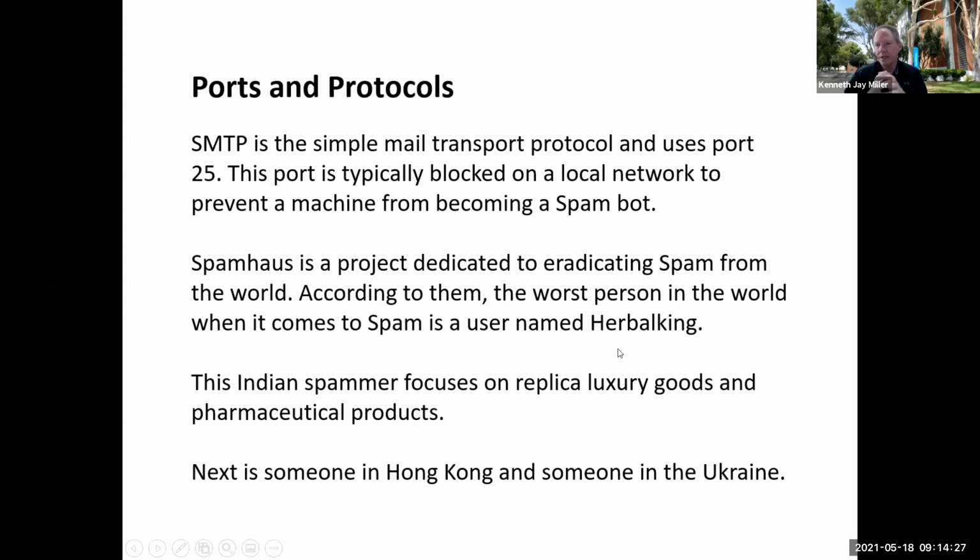Now, right away, you probably remember what we said last week about jurisdiction and how do you enforce the laws of one country in another. And it's going to be very difficult to prosecute a spammer in India if they violate some rule in the United States. So, that's why spam is such a prevalent problem.